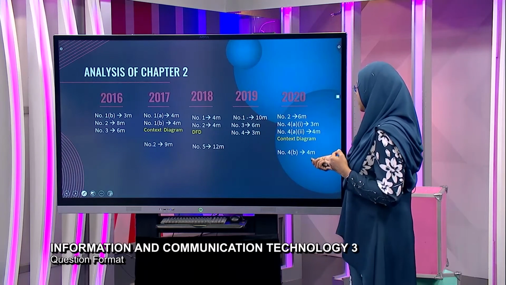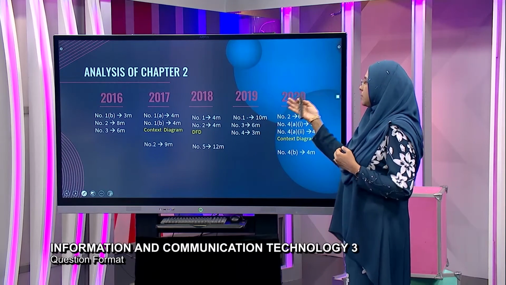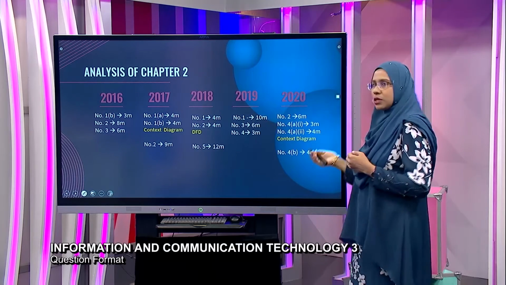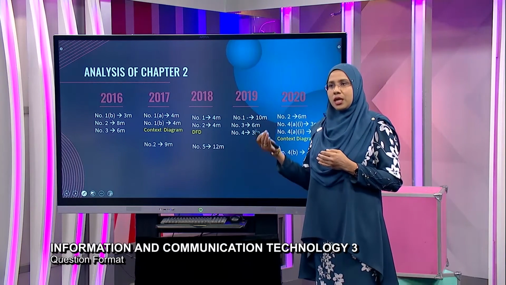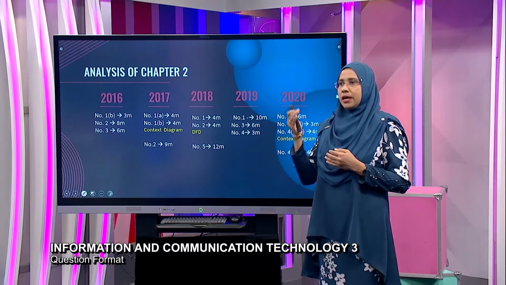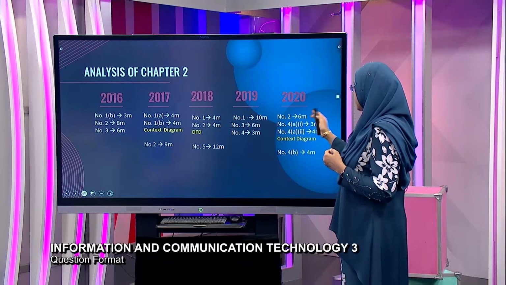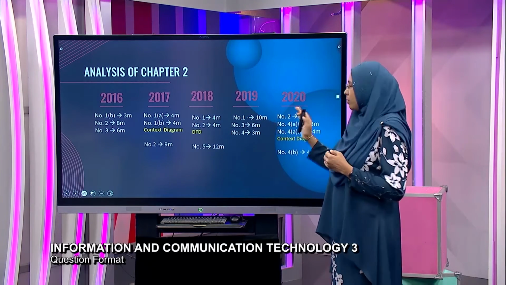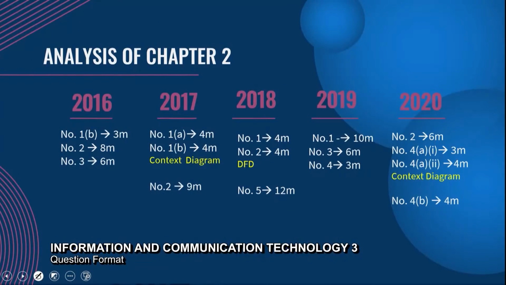Looking at the questions from 2016 until 2020, a lot of questions came out, more than one question, and all are in section A. Look at the marks given, quite a lot. So please make sure you master chapter 2.